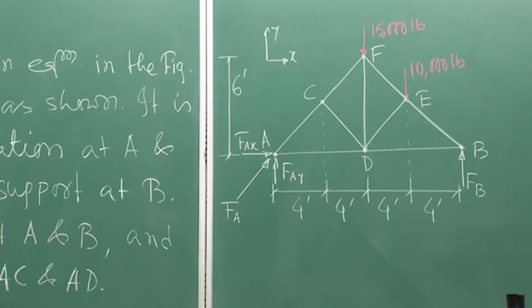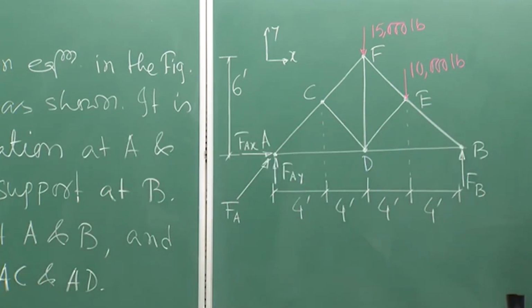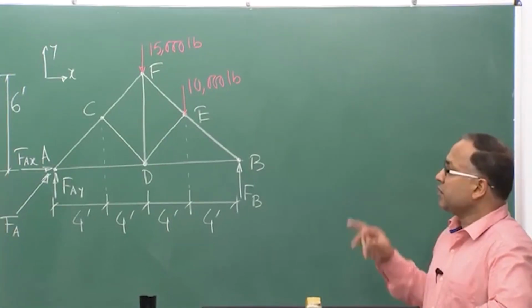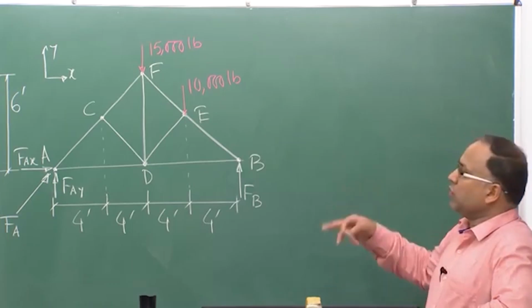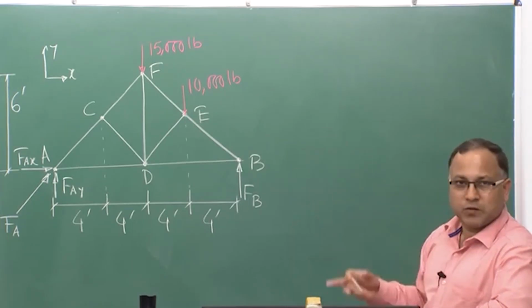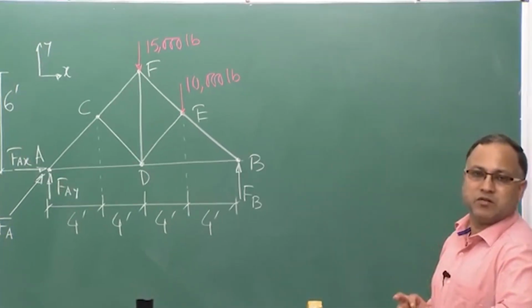Now my next job is to exploit the equilibrium conditions. First we will take the moment equilibrium, that is the summation of moment with respect to point A for the whole truss, because the whole truss is under equilibrium, each and every point in the truss is under equilibrium.